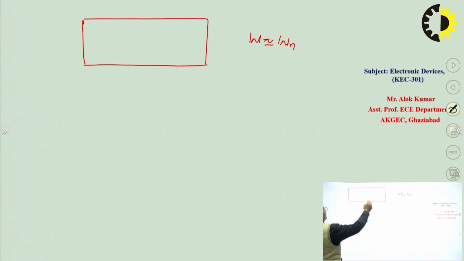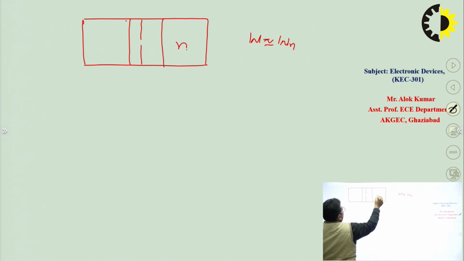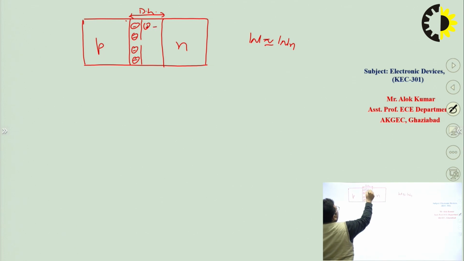Now if I draw the diagram, here I have the P side and this is the N side. This is your depletion region. On the P side we have negative ions in the depletion region, and on the N side we have positive ions.